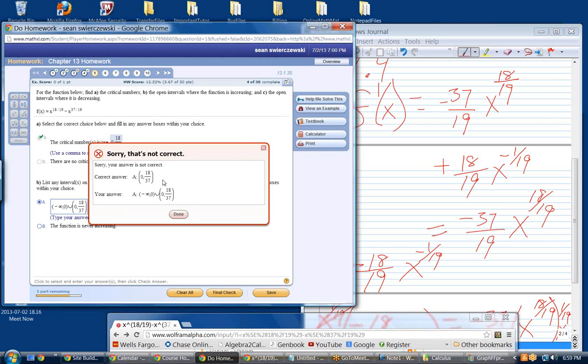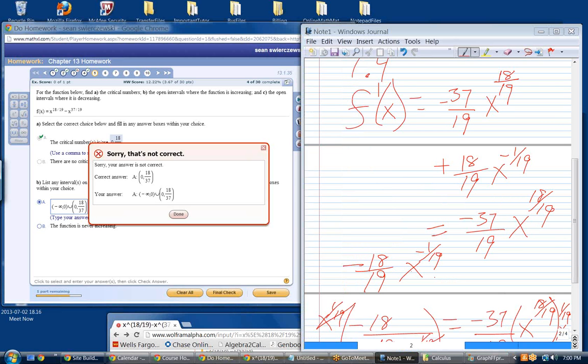They're saying it's not defined when x is negative. But that's not true. Because I'm taking the 19th root of x, I can take odd power roots of negative numbers.